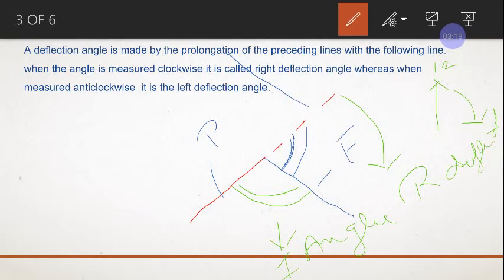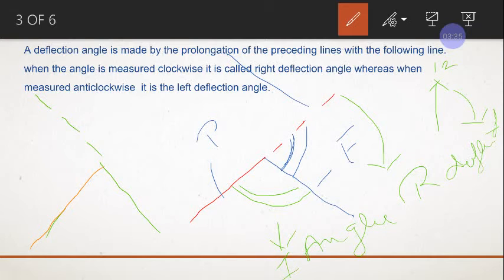If you want the left deflection angle, then it would be like this. This is your preceding line and the prolongation of it. Then change the color, and this is your following line.